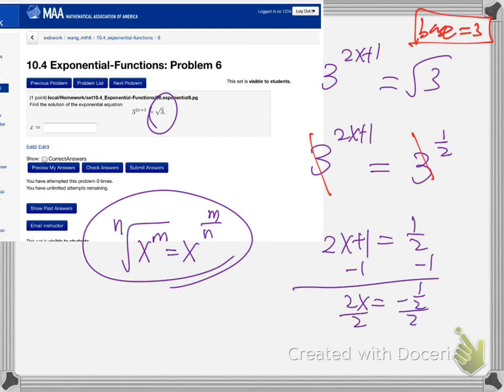Divided by 2, divided by 2, x is negative 1 over 4. So that's the idea. We change both sides of the equation to the same base, and sometimes we get a negative power because we have to flip it, and sometimes we get a rational power if there are roots.